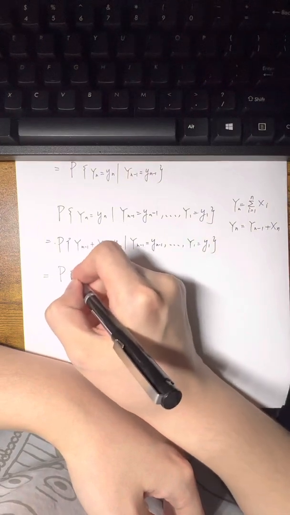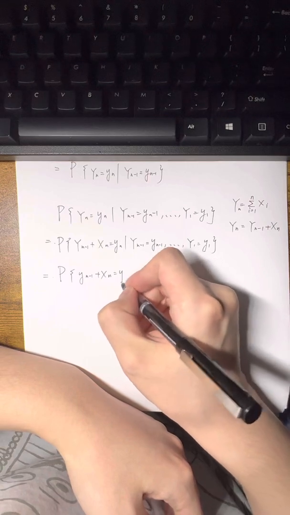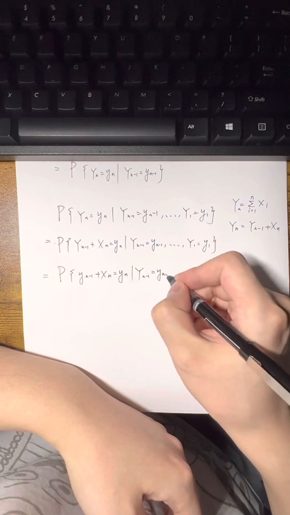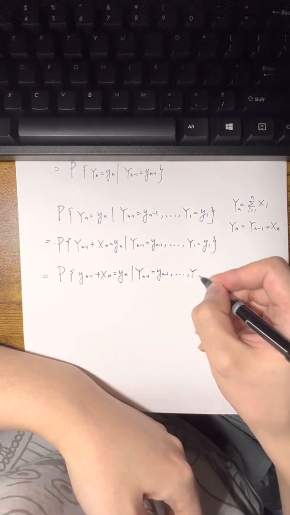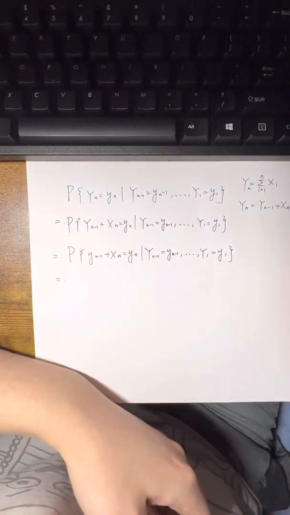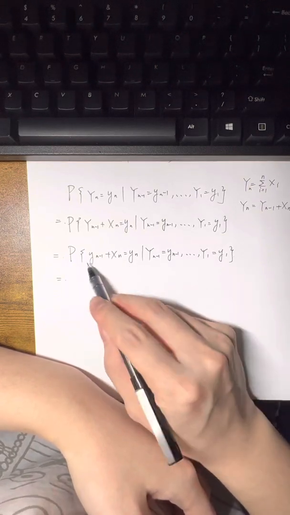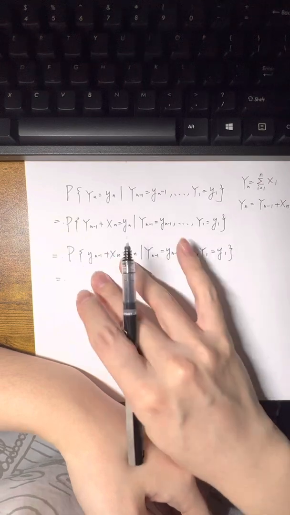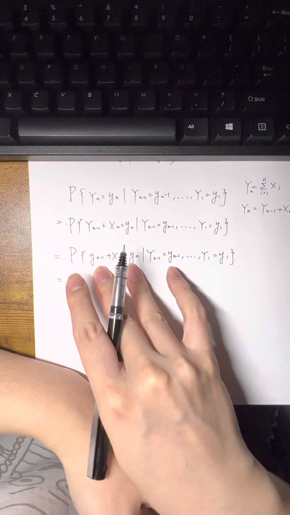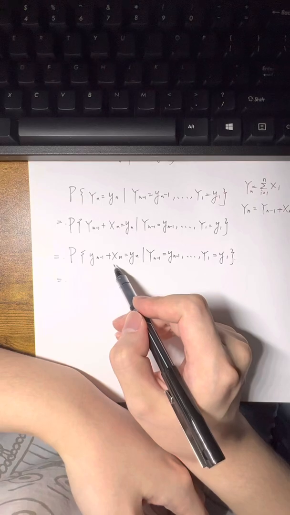So this can be written as yn minus 1 plus xn equals yn, given that ... Because yn minus 1 and yn, those two numbers are fixed, only xn we need to determine.